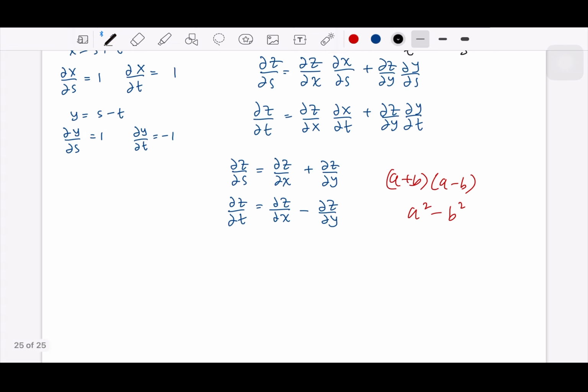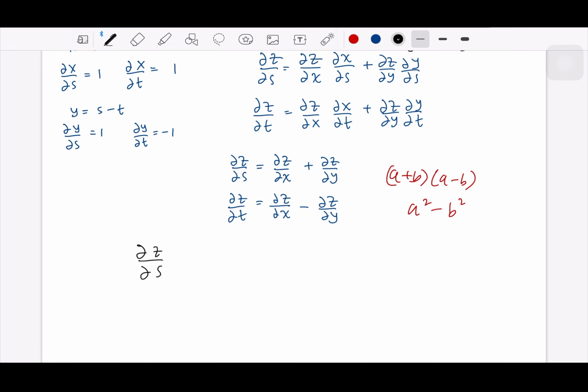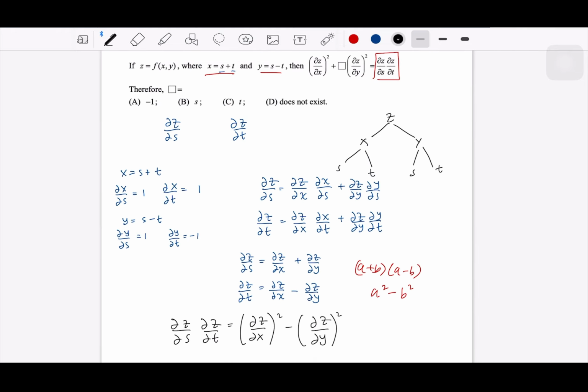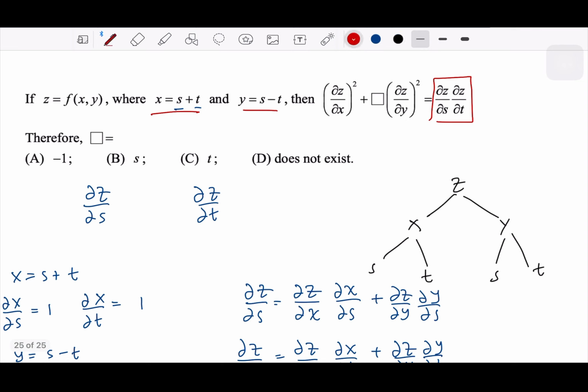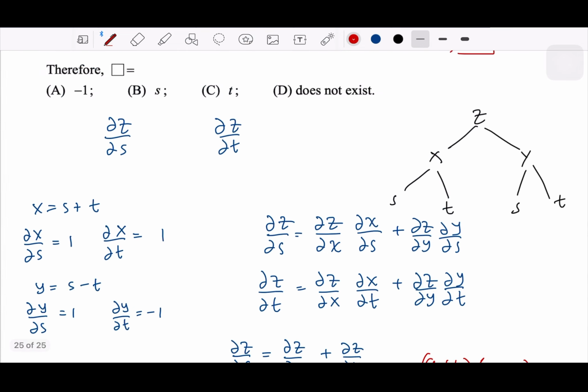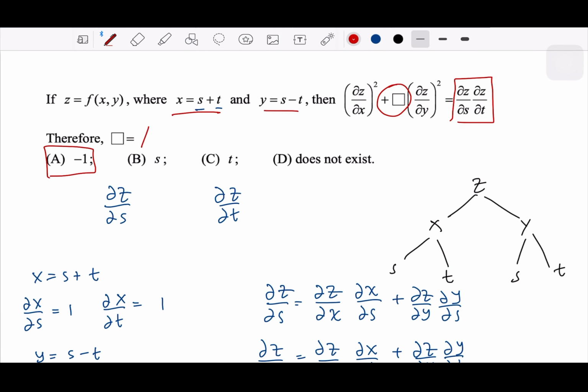So if we multiply dou z dou s with dou z dou t, this will result in dou z dou x squared minus dou z dou y squared. So the question is asking what is this number? So it should be -1. So it's A.